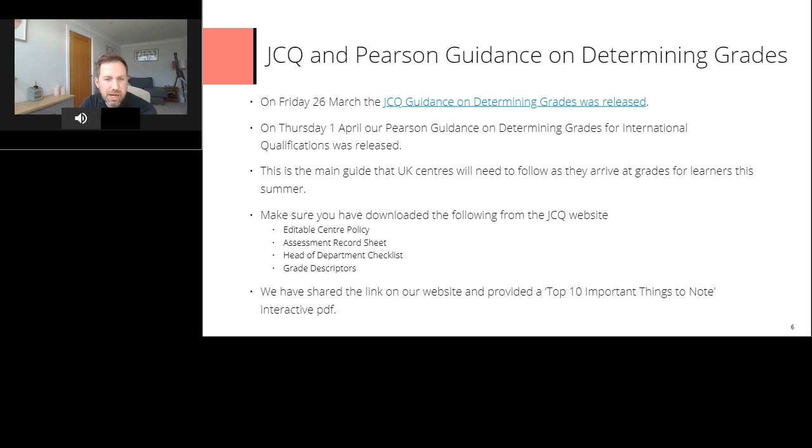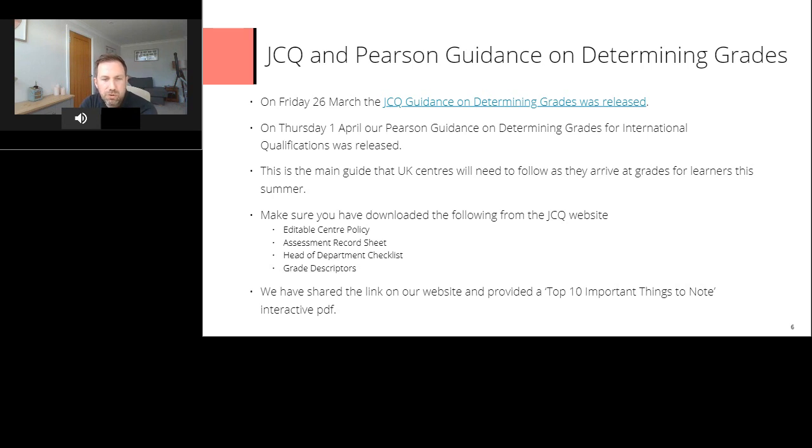It includes a head of department checklist to help you understand what evidence you're using, make sure that you're following all the processes that you need to follow, and as a reminder for any heads of department on the call about your responsibilities this year in ensuring grades for your students. It also includes grade descriptors.